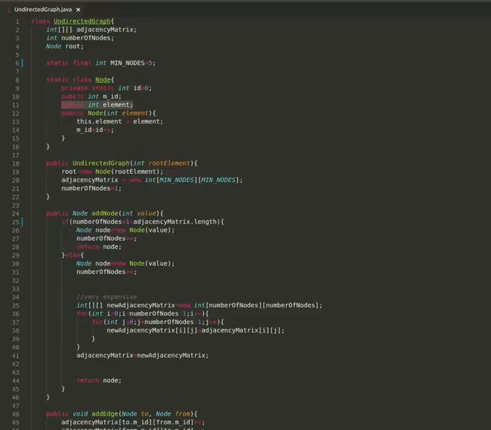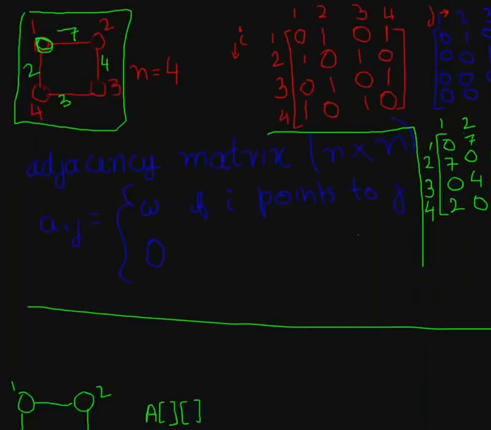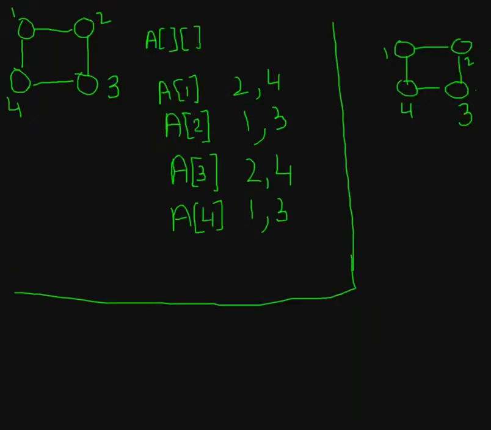So in our earlier examples, we were drawing a graph something like this. So I'll draw a new graph. Okay, so these numbers 1, 2, 3 and 4 in this example represent the ID of the node.